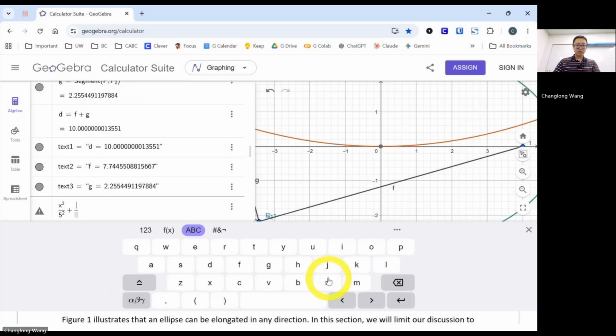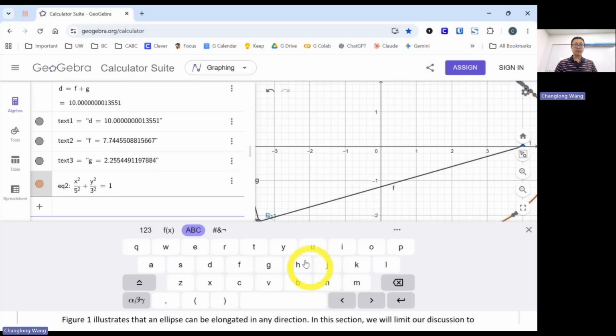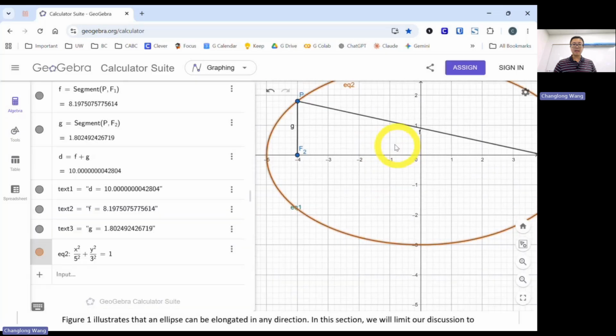Plus, again, y squared. You probably haven't seen equations that have x squared and y squared at the same time. So now you do. Then over half the width squared. Half the width is 3, right? Squared. And add them up and set it to 1. It's going to work out as the exact same ellipse.